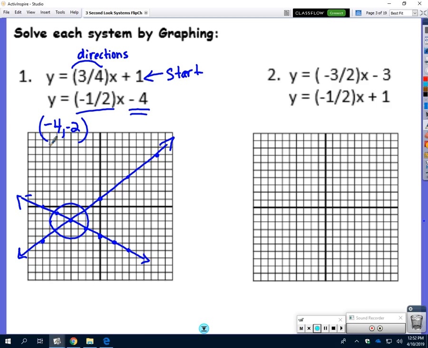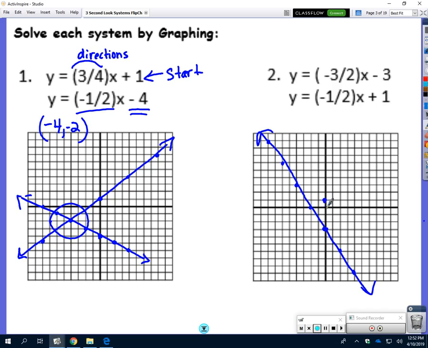Example 2, we're going to start at -3. And we're going to go down 3 and over 2. We can go opposite, up 3 to the left 2. Draw your line. The second one starts at 1.